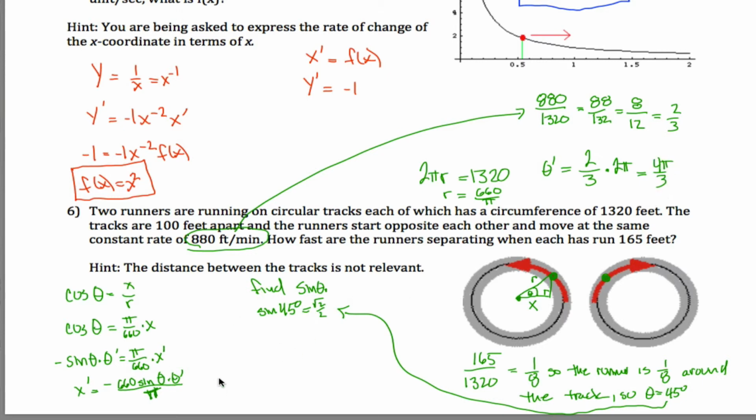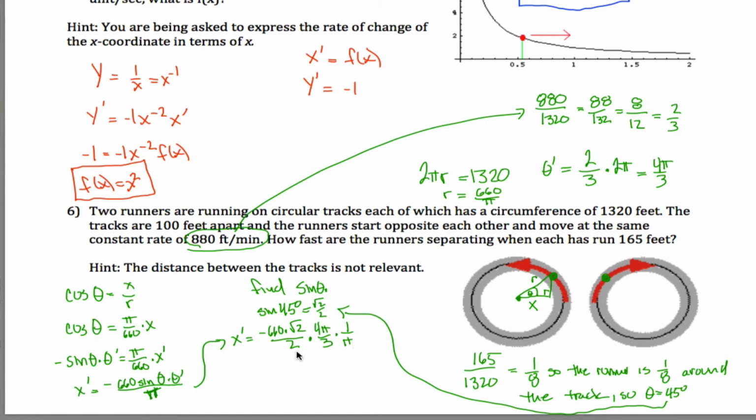So I can take all that information and plug it in here, and I get that x prime, which is what I was trying to figure out, is negative 660 times root 2 over 2 times theta prime, which I figured out was 4 pi over 3, divided by pi for this pi down here.